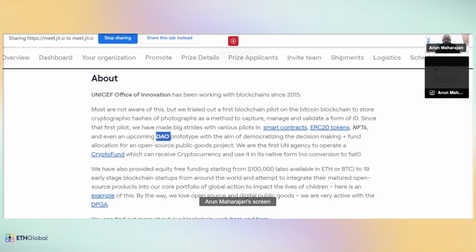We also operate the UNICEF Crypto Fund, which is, I think, the first of its kind. We are definitely the first UN agency to operate a fund such as this, where we not only receive crypto, but we keep it as crypto and then we spend it as crypto. Most of it has so far been used to fund the startups that the venture fund works with.